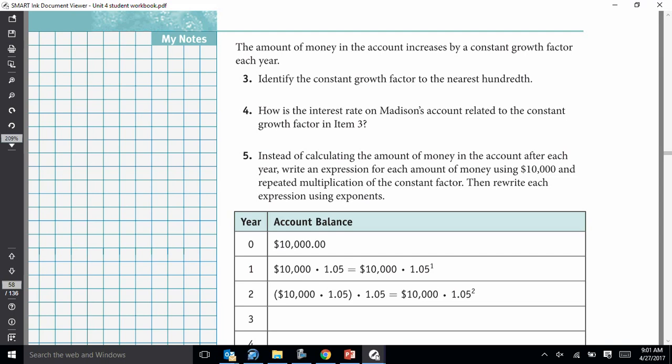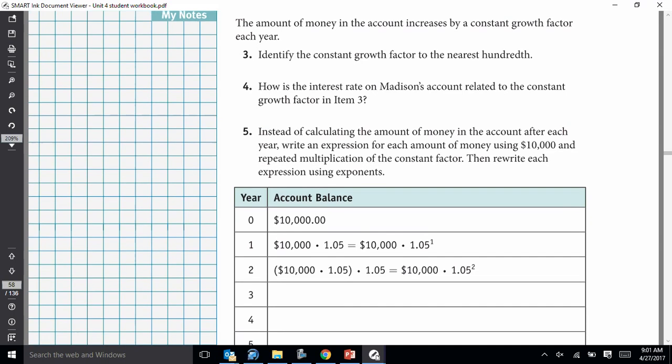So each year it's increasing by 5%, right? So identify the constant growth factor to the nearest 100th. So what is it increasing by each year? How is the interest rate on Madison's account related to the constant growth factor? Well, it's the original amount plus 5%, right?